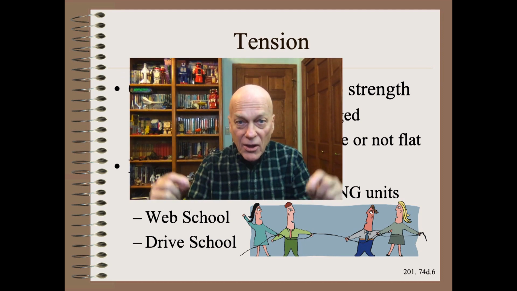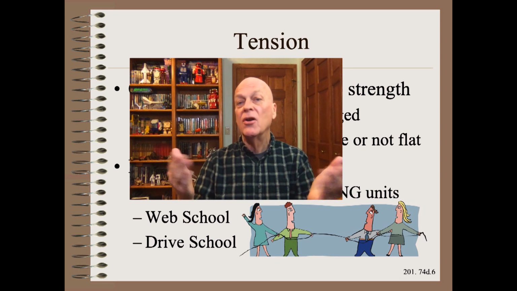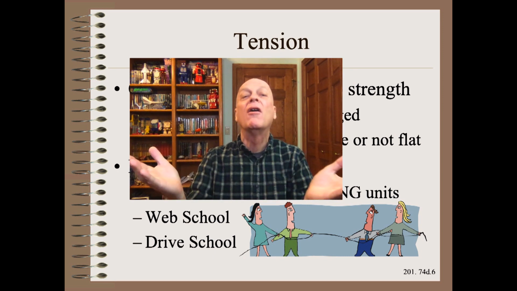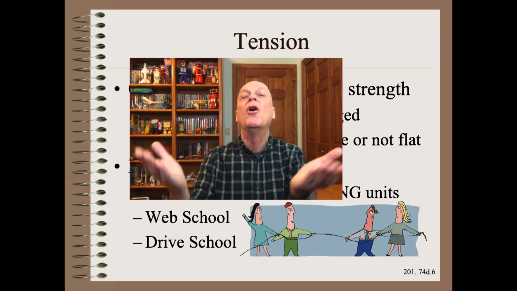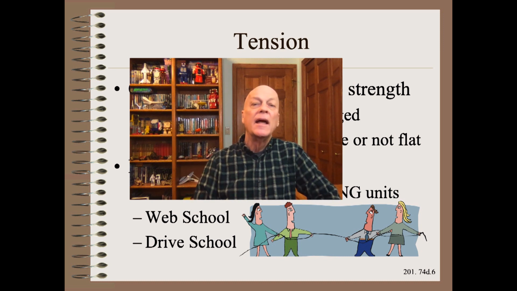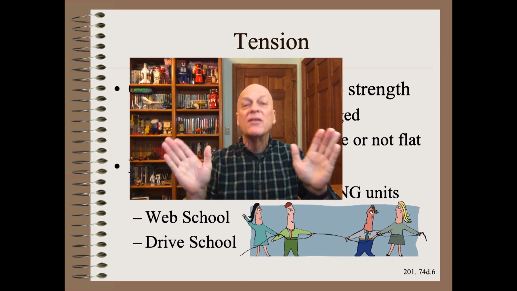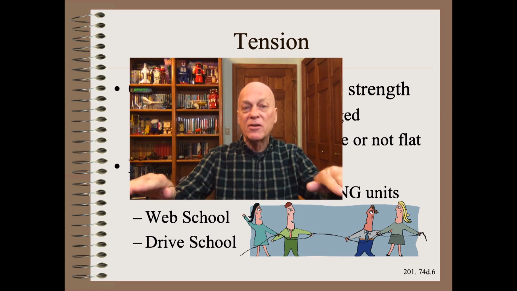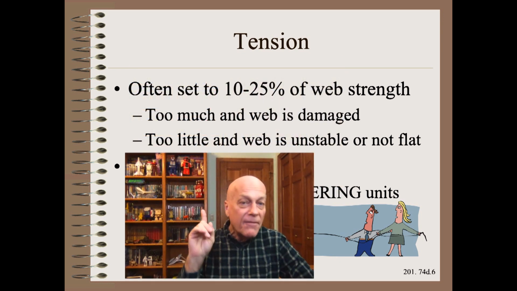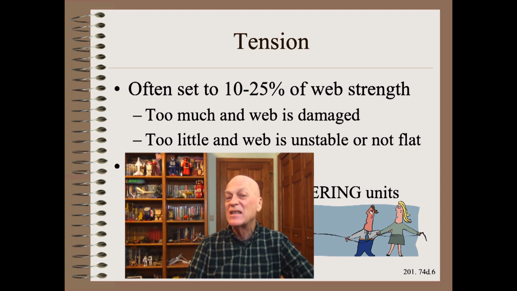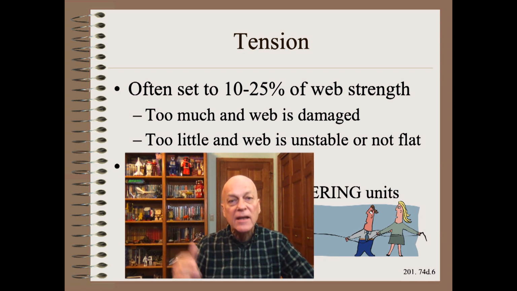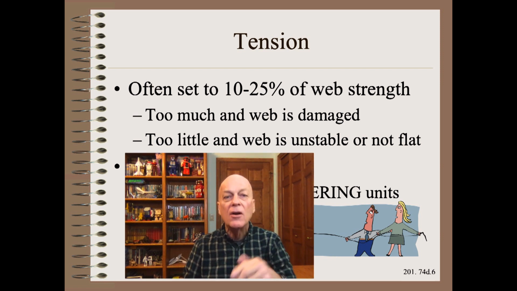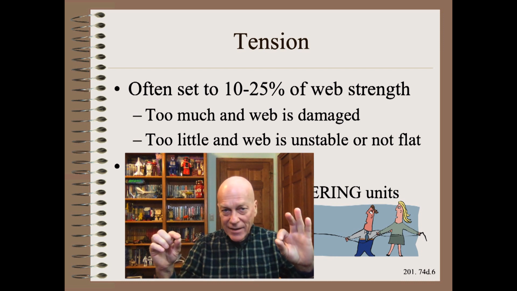Tension control is ubiquitous on all machines of all colors and all stripes and all flavors. Yet, despite this immense variation, there are some near universal concerns. The first is that the tension set point in a drive zone is often set between 1/10 to 1/4 of the web's strength.